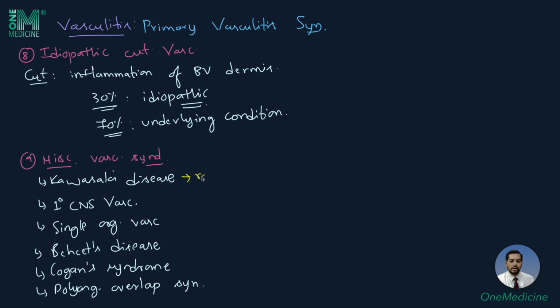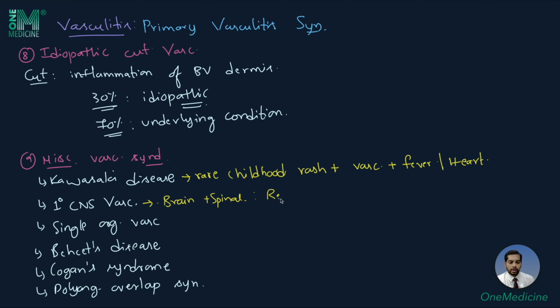Kawasaki disease is a rare childhood rash that is associated with vasculitis and fever. In such patients, heart is also affected. Primary CNS vasculitis involves the brain and spinal cord, leading to recurrent headaches.